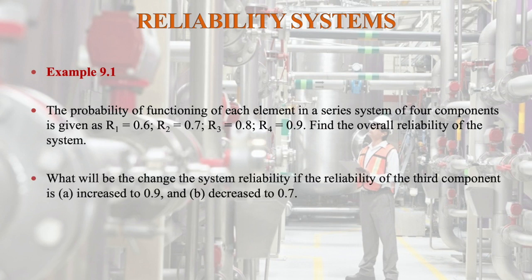Then what will be the change in the system reliability if the reliability of the third component is increased to 0.9 and then decreased to 0.7. So these two conditions also we have to find out. First we have to find out the overall reliability, then we have to find out what happens when one component's reliability changes.